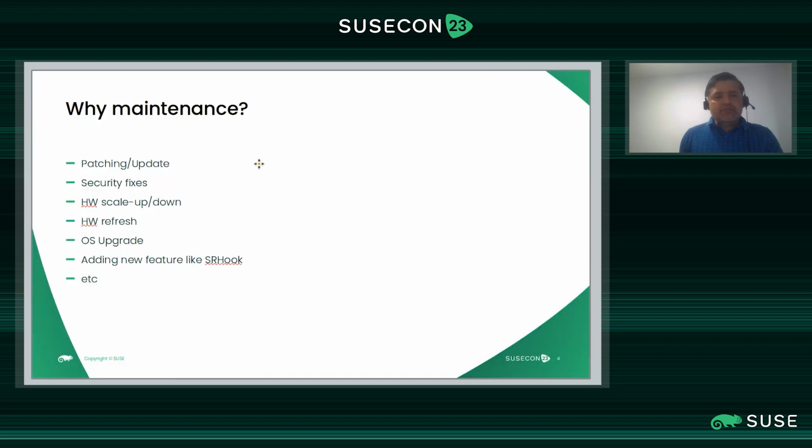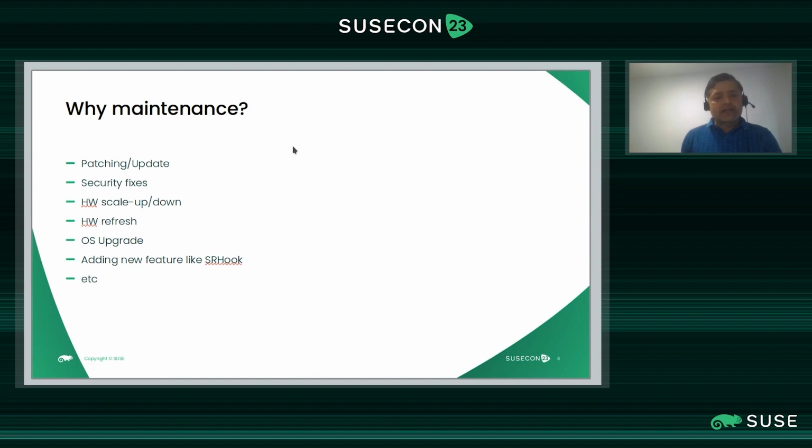Introduction. Why do we need to maintain our SLES for SAP HANA? The reasons could be patching, update of either the OS stack or the SAP software, like any new kernel or any new patches for an existing kernel. It could be security fixes.